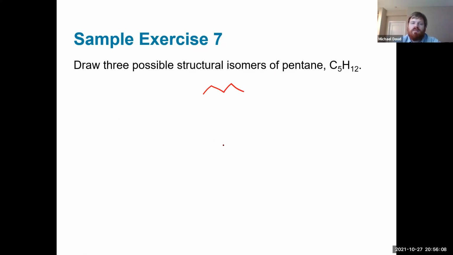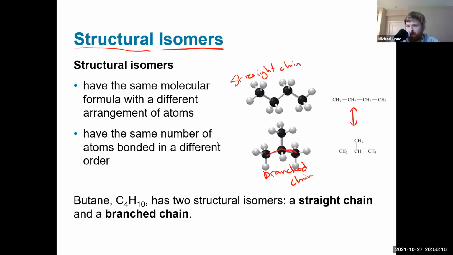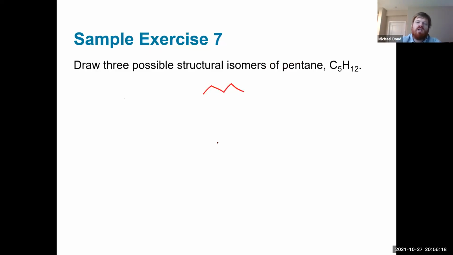So give it a try, and we'll take a look at the answer when we come back. So go ahead, pause the video here. Try to draw these structural isomers similar to what we did here with butane and this other branch chain. Think how you can branch this molecule, and then we'll take a look at the answer when we come back. Pause the video, and then let's go ahead and take a look at it.